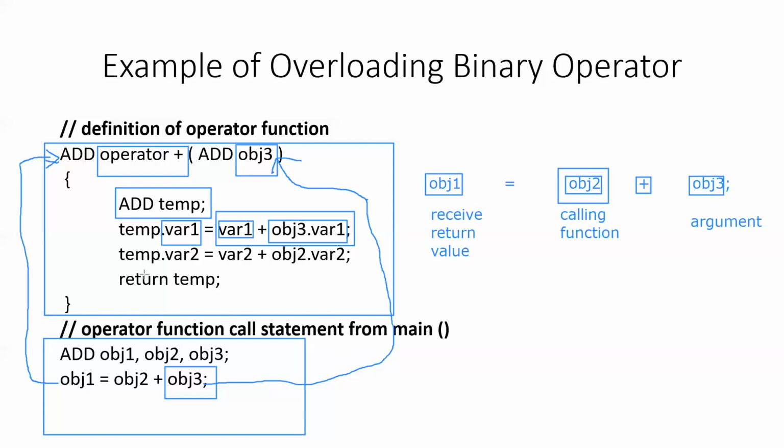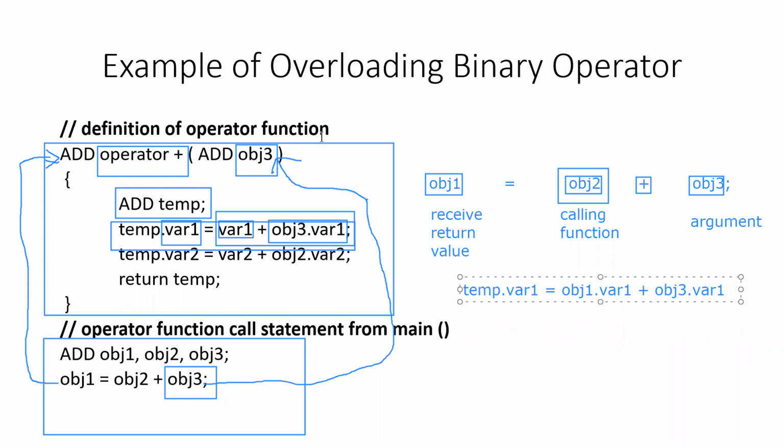So if I rewrite this whole statement, it can be viewed as temp dot variable 1 is equal to object 2 dot variable 1 plus object 3 dot variable 1.